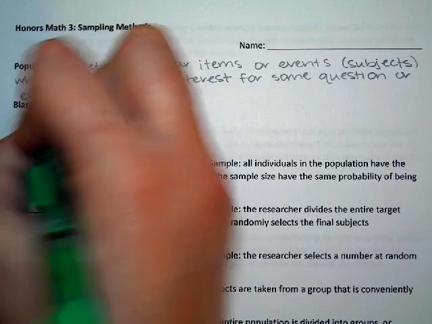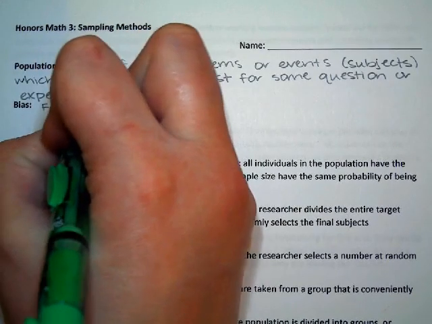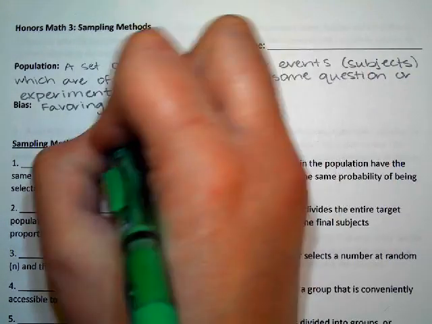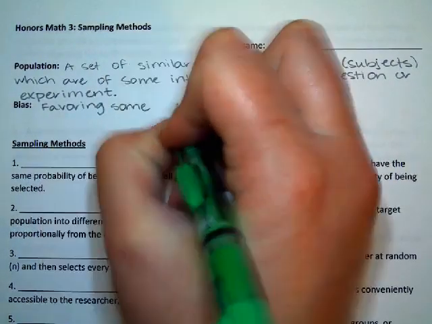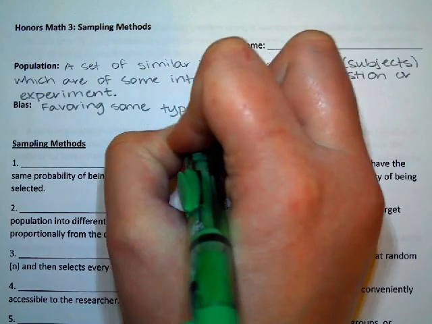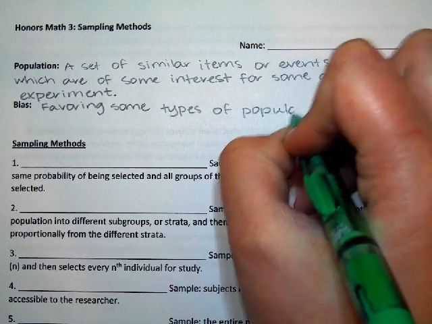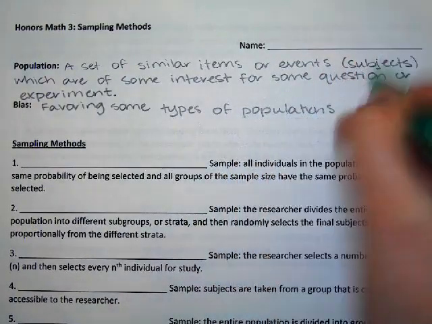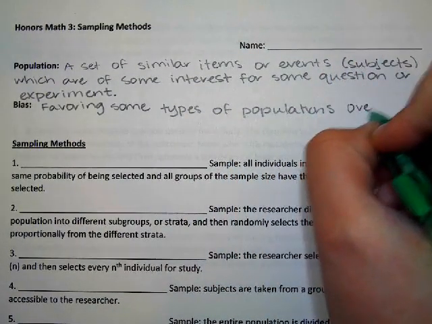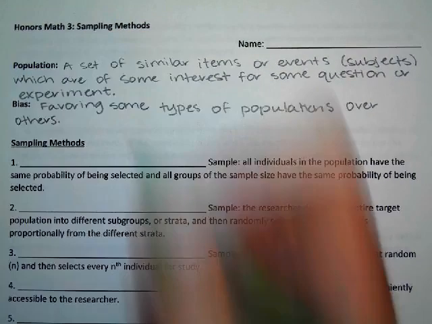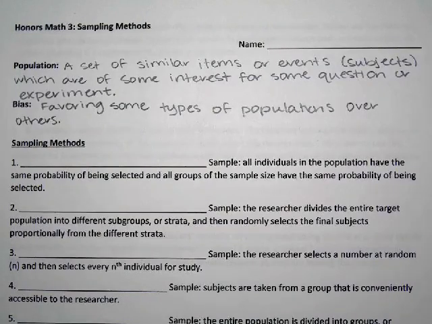And then a bias is favoring some types of populations over others. Favoring some types of populations over others.